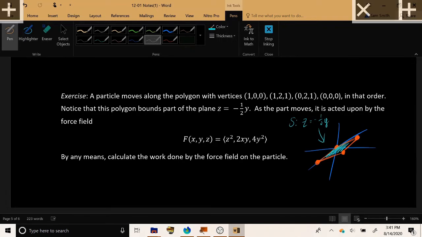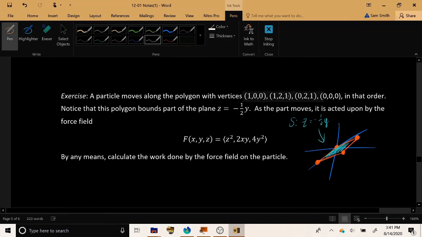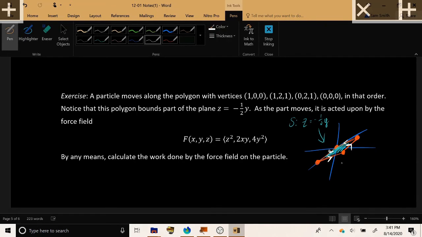Now they tell me in particular that this polygon is being traversed from (1, 0, 0) up to the point (1, 2, 1), back to the point (0, 2, 1), down to the origin in this general order. So let's try and think what the orientation of the surface would have to be to match the given orientation of our boundary curve.